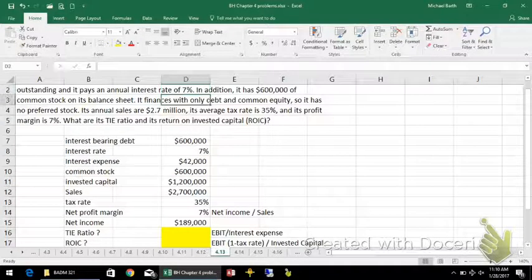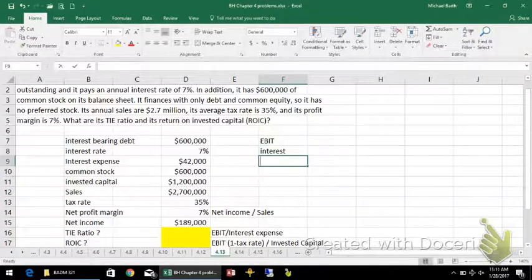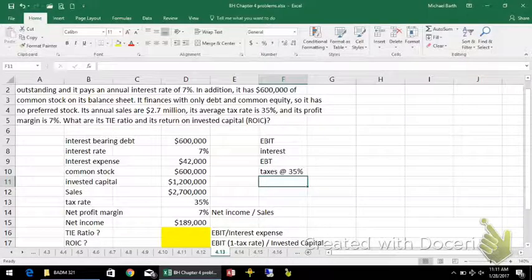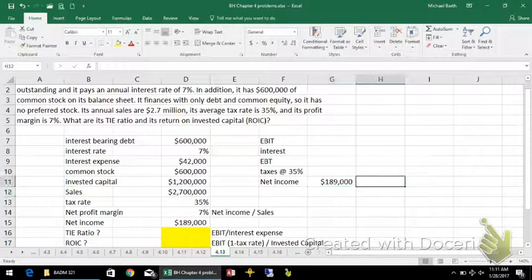Alright, now I've got interest expense and I've got net profit, but I don't have EBIT, but I can back it up. If I took EBIT and subtracted the interest, I would have taxable income. And if I subtracted the taxes at 35%, then I'd have the net income. Well, I have net income at $189,000.